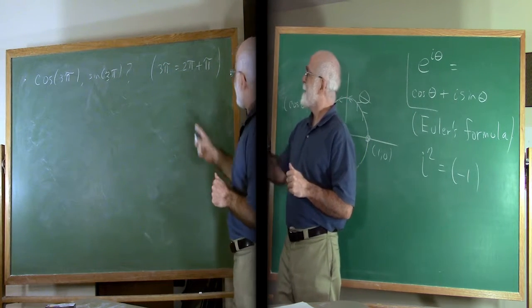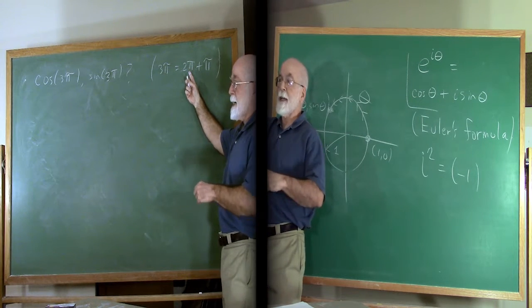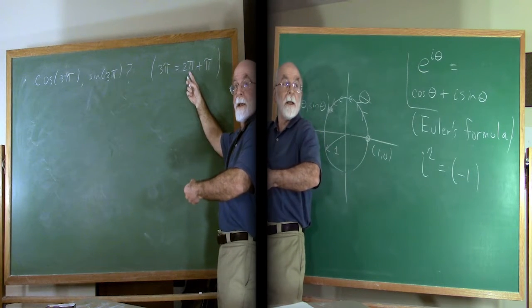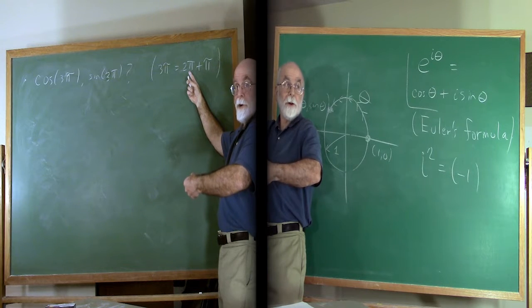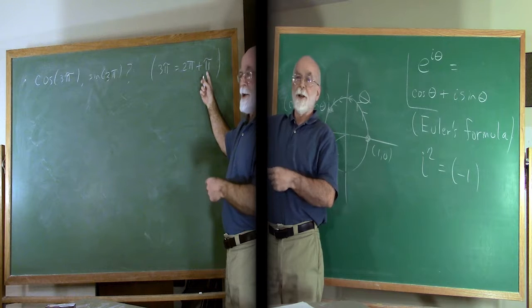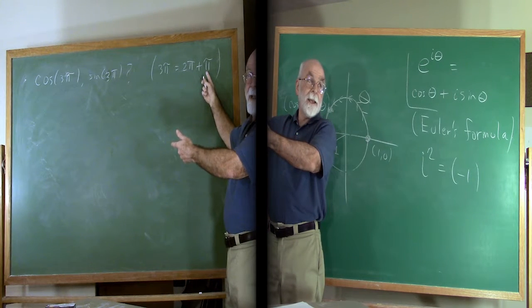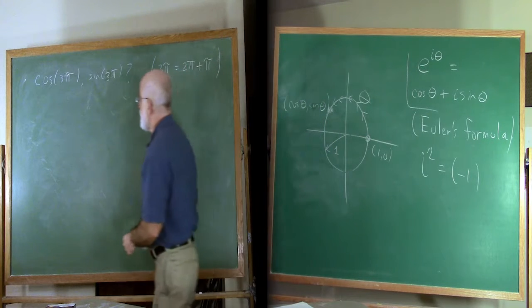That tells me that first I make a complete revolution, a full circle, and then the plus pi tells me to make, in addition, an extra half circle.